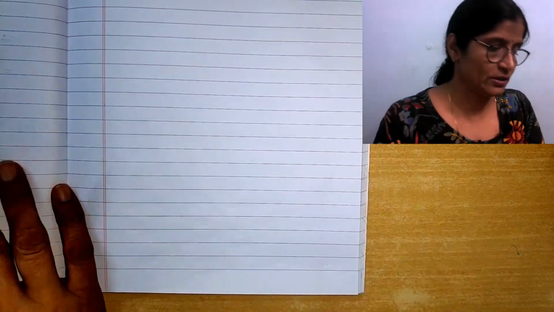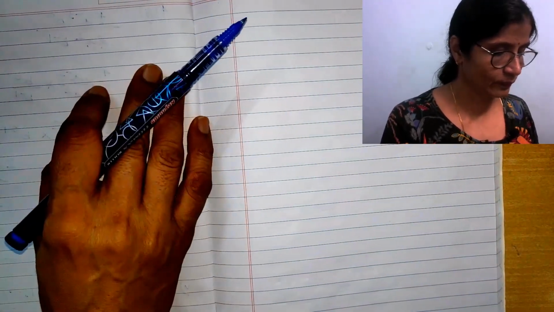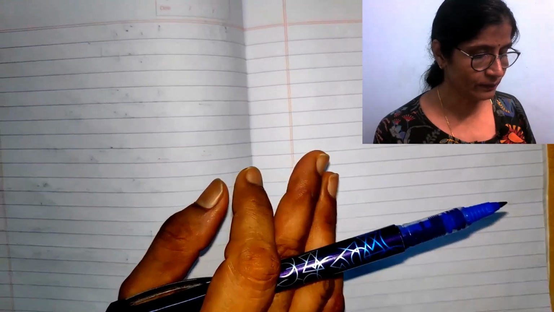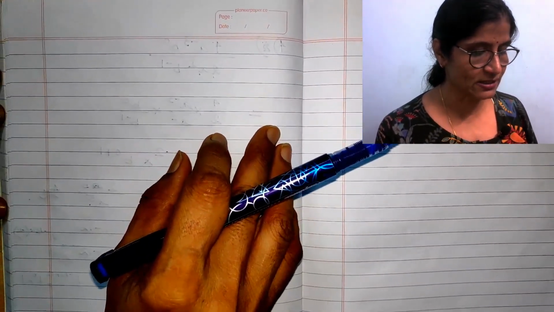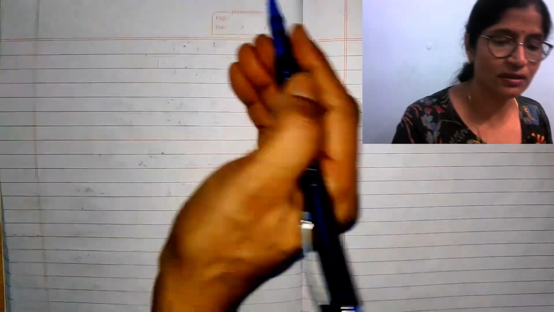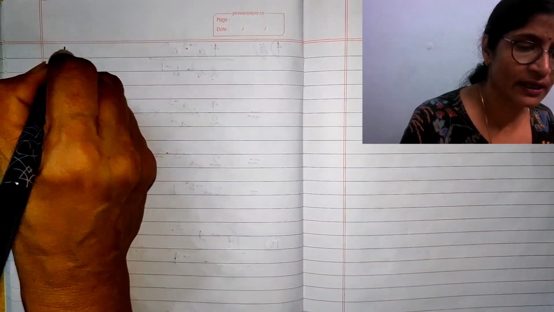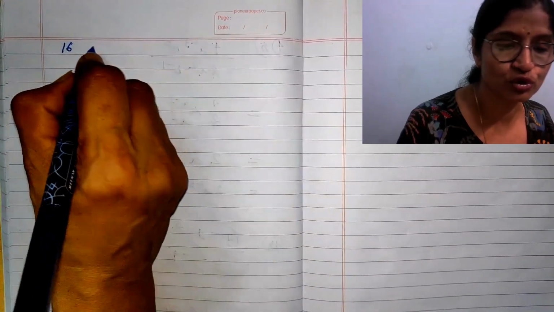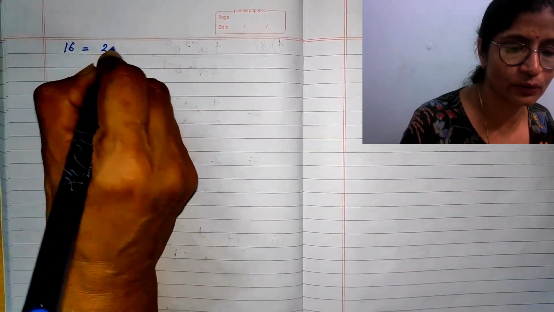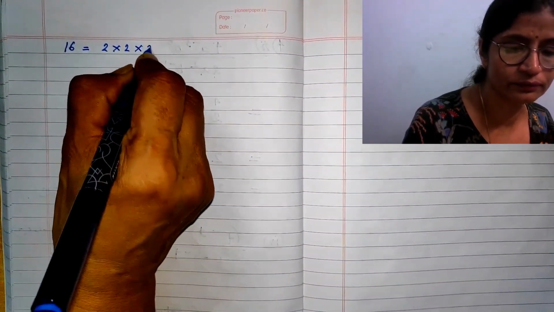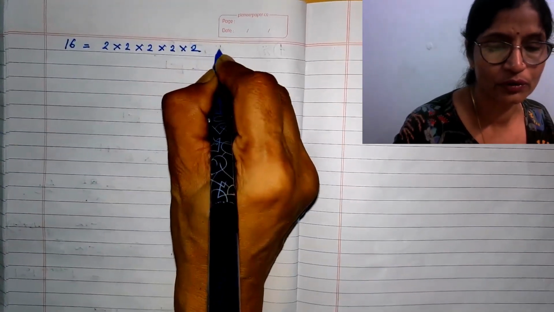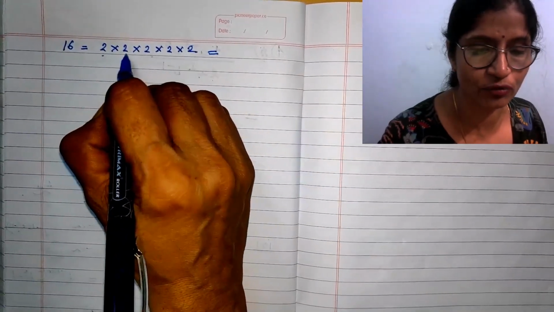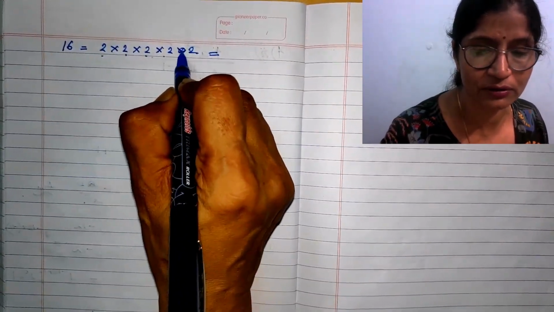Now next one is, it is given that express 16 as the power of 2. So I know that this is equal to 2 into 2 into 2 into 2. So that is equal to what? 2 2s are 4, 2 4s are 8, 2 8s are 16.